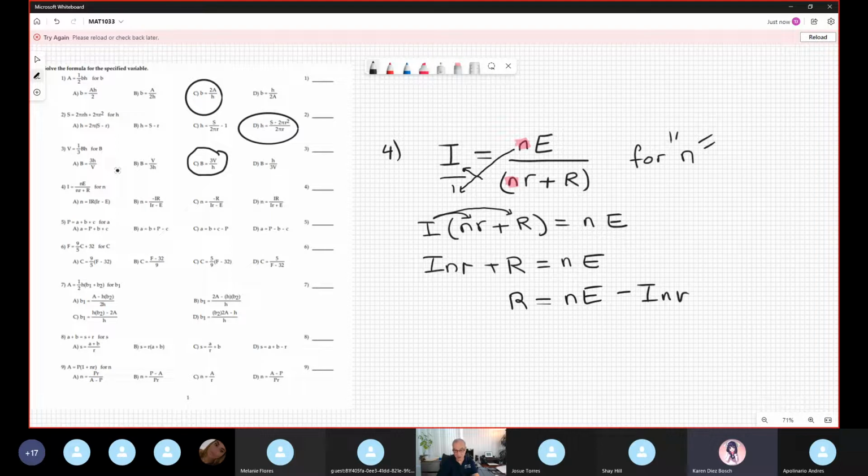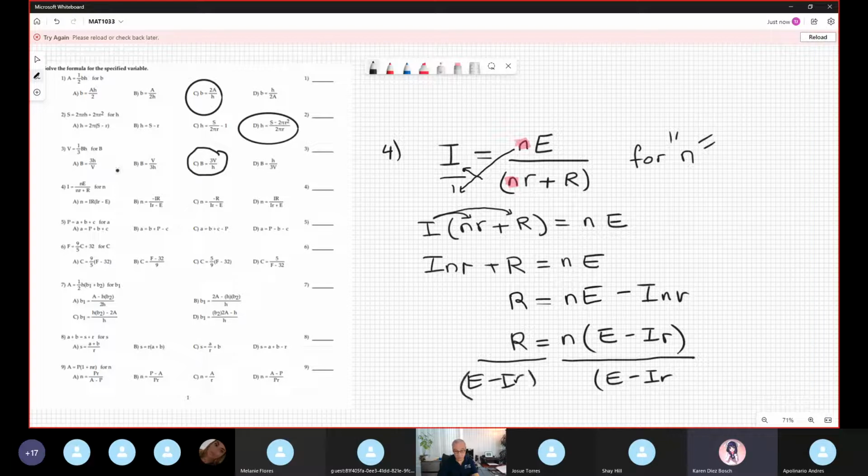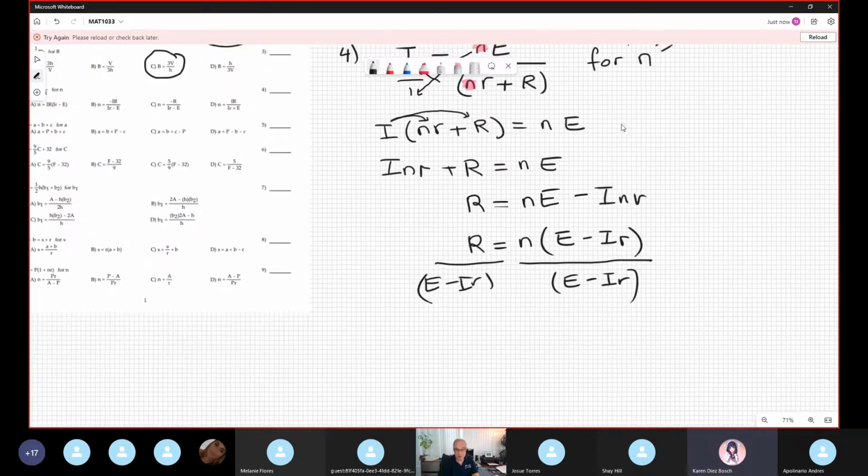You see n is a common factor, you put n outside, and you open a new parenthesis, and you have E minus I R. Almost finished. Finally, to isolate n, divide both sides by E minus I R. Therefore, my final answer is R divided by E minus I R.